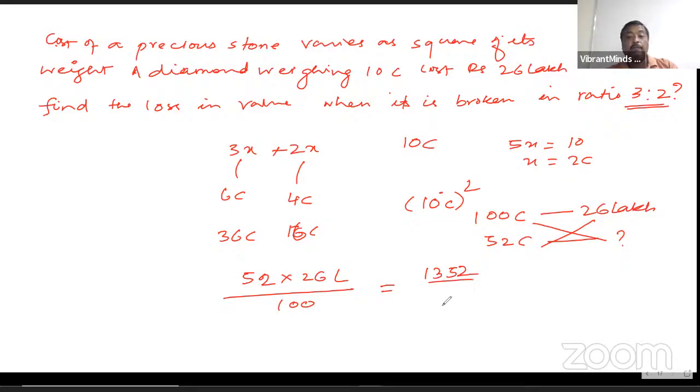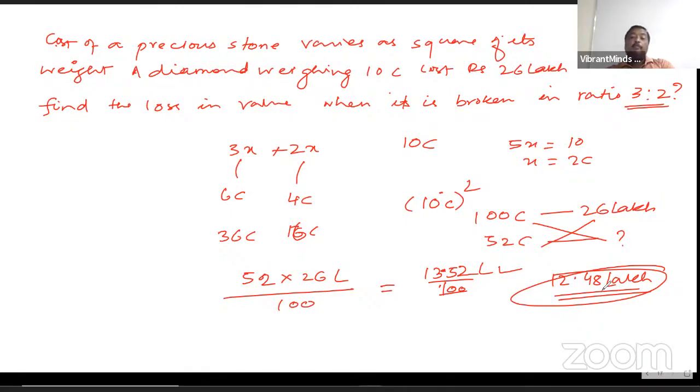So 1352 lakh by 100. So the value one will get is 13.52 lakh. So what is the loss? The loss is 26 minus 13.52, which is 12.48 lakh. Is it clear, guys, everyone?